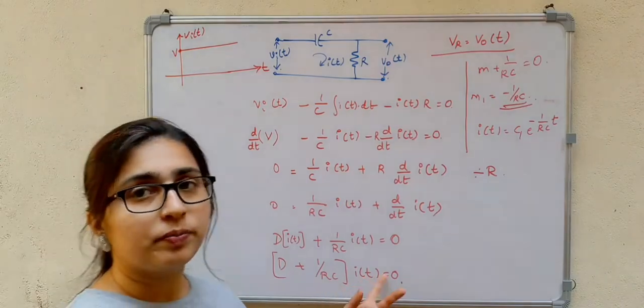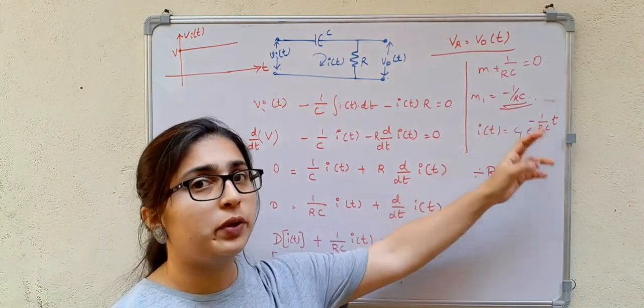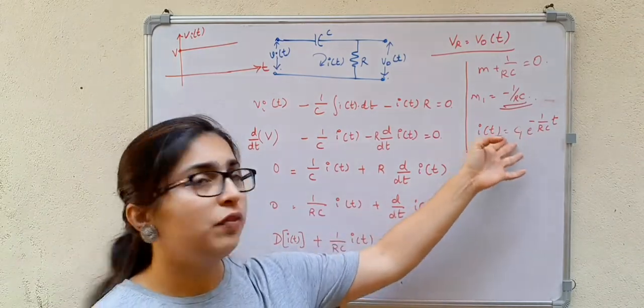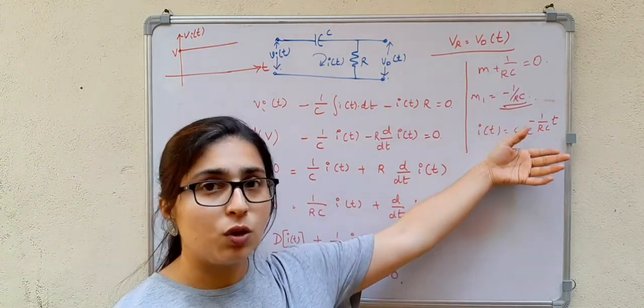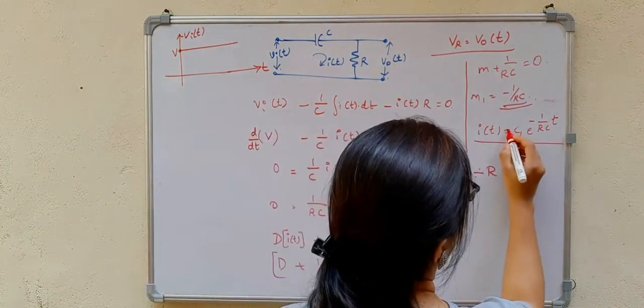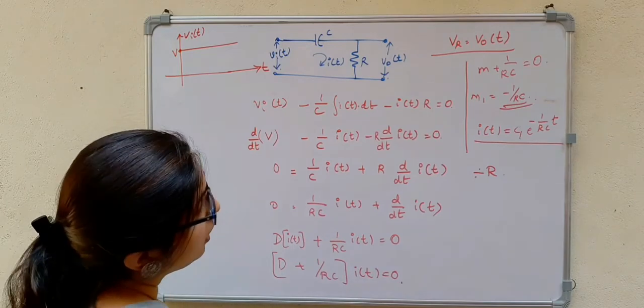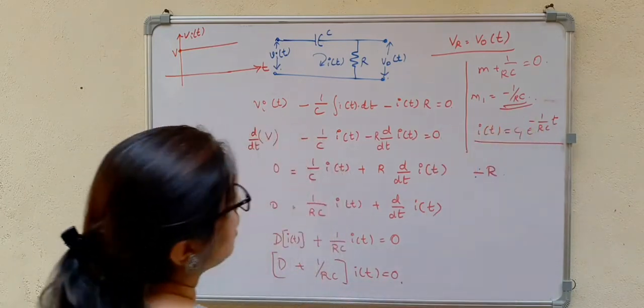This will be the solution of the differential equation. You have found the root of the differential equation, and using that root we find the solution. So i(t) is equal to C1 times e to the power of minus t by RC. This is the equation for that.